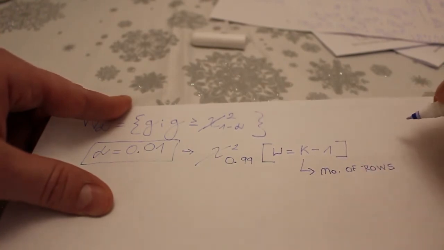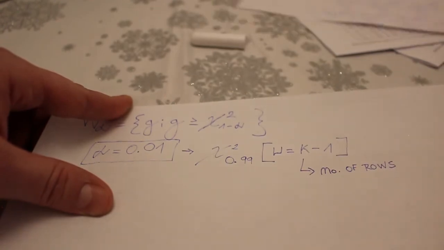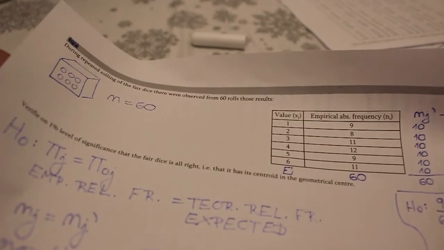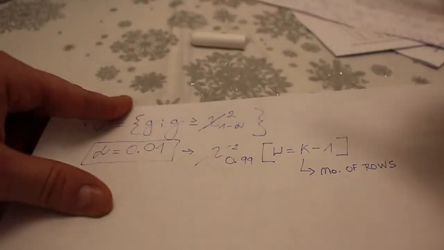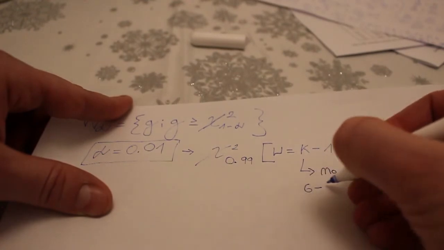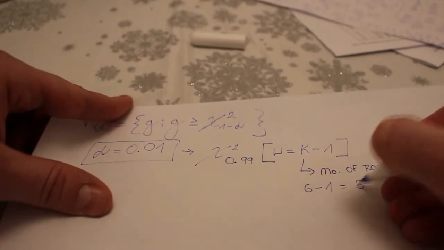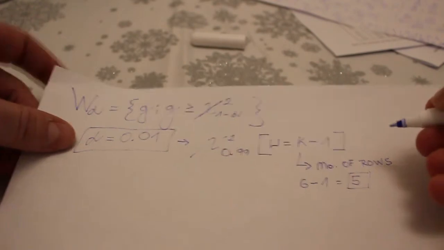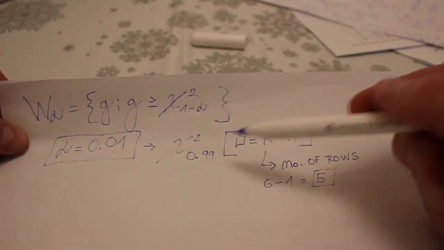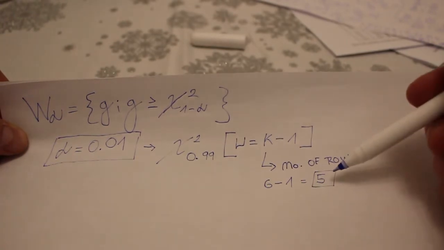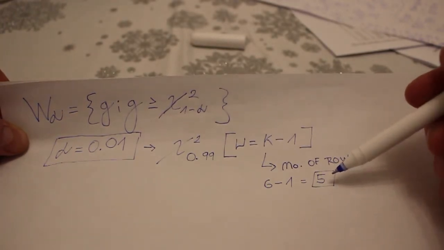Yes, number of rows in our table. So you have here 6 sides of the fair dice, 6 possible values. Yes, so there will be 6 minus 1, and this is equal to 5. So you are searching this quantile, 99% quantile of the chi-square distribution with 5 degrees of freedom.